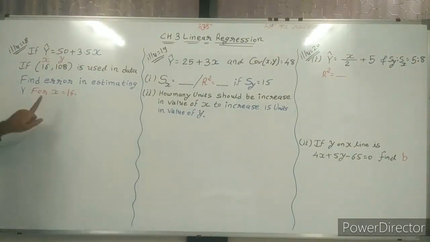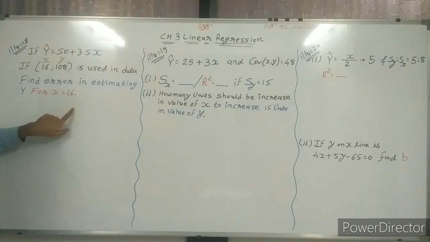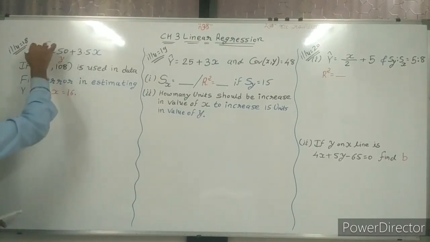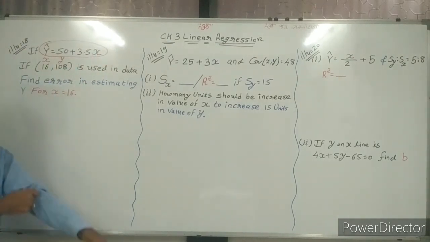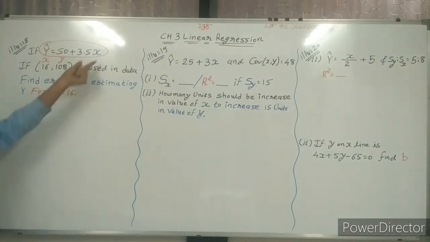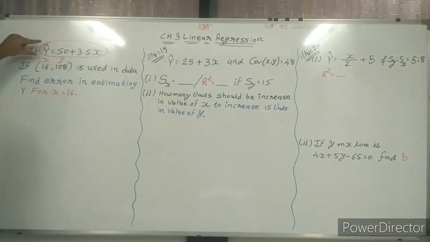First of all, we know x is equal to 16. So in this equation, y cap is equal to 50 plus 3.5x, we are replacing x is equal to 16, then finding the value of y cap.